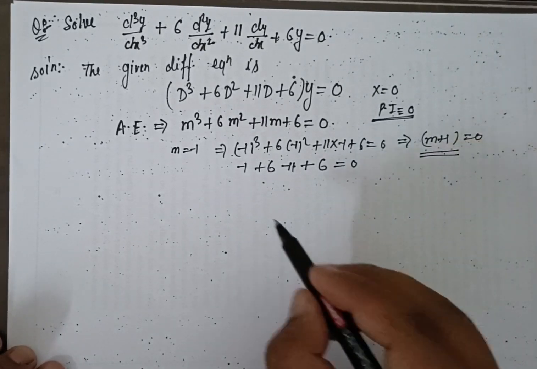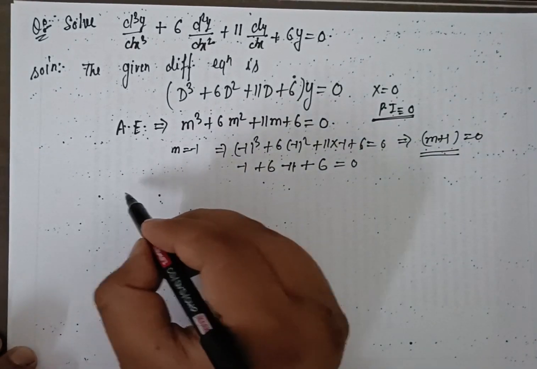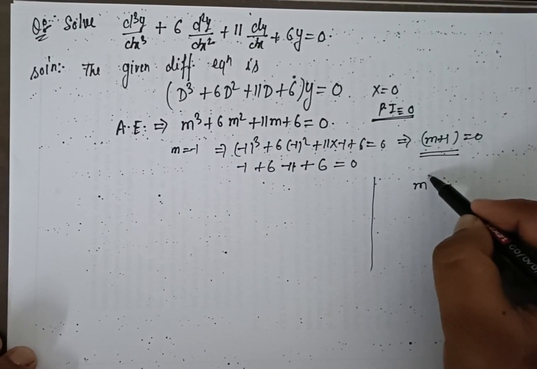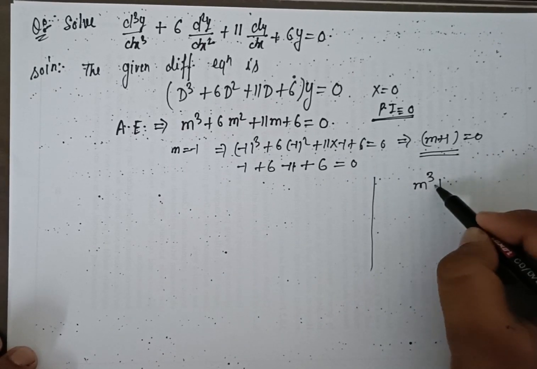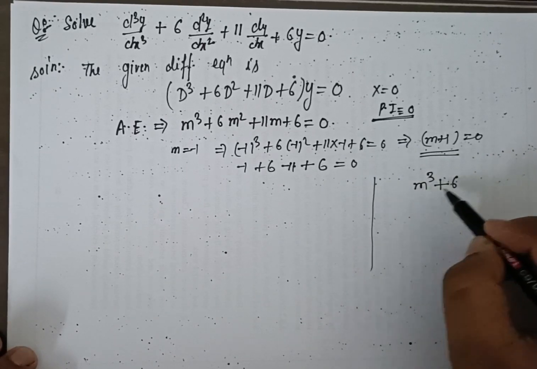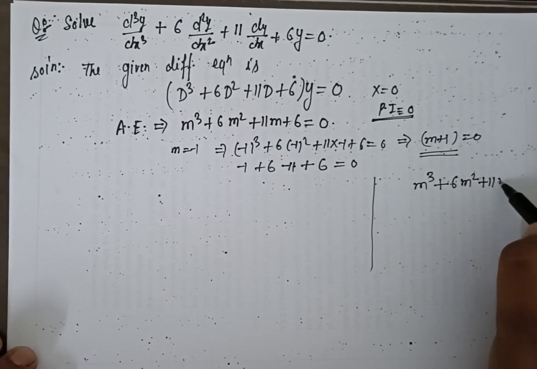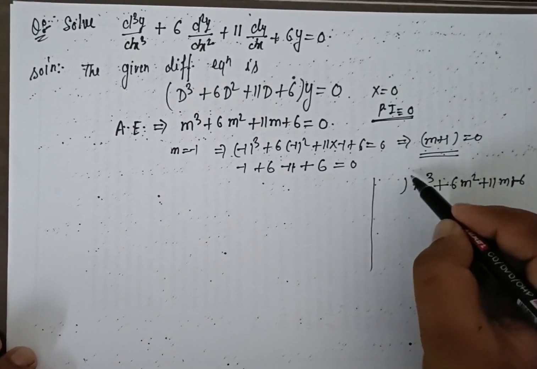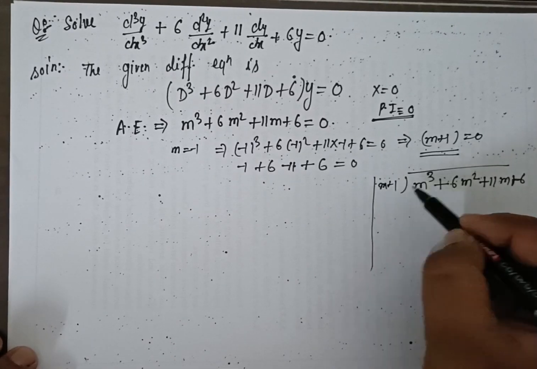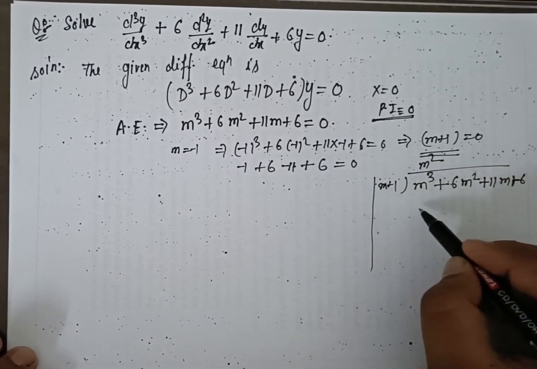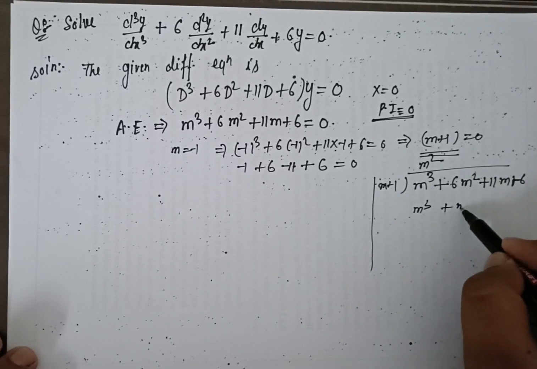If it is a factor, then on dividing by m plus 1 we should get the remainder as 0. So m to the power 3 plus 6m square plus 11m plus 6, if we divide by m plus 1, then the remainder should be 0. Now we check: m to the power 3 plus m square.